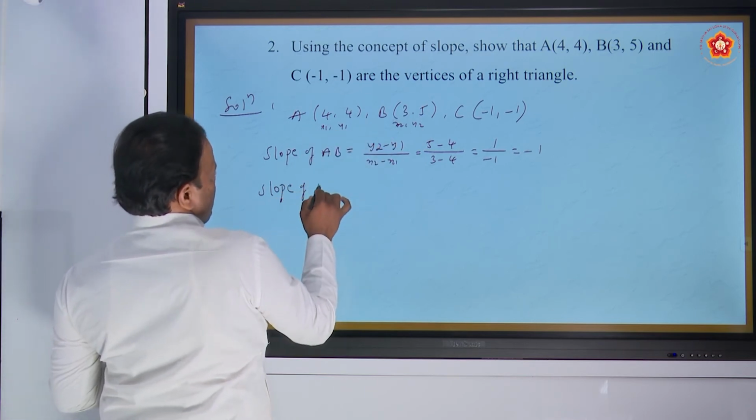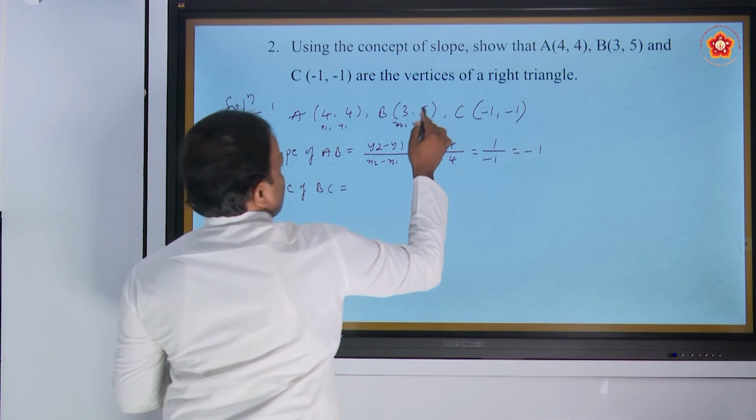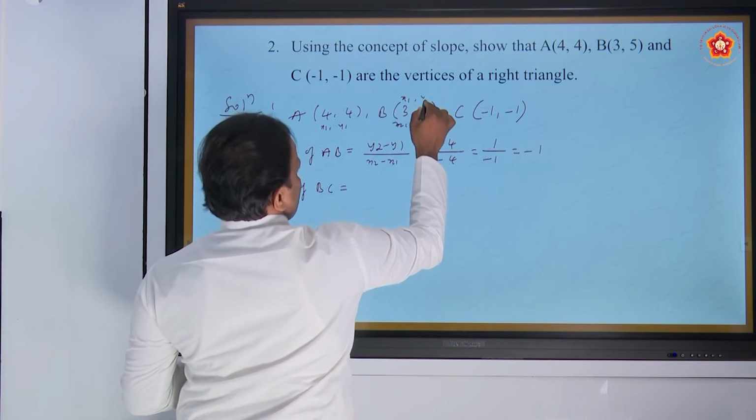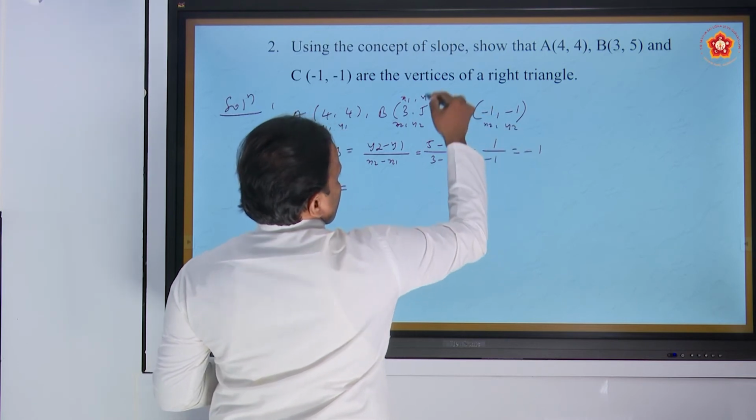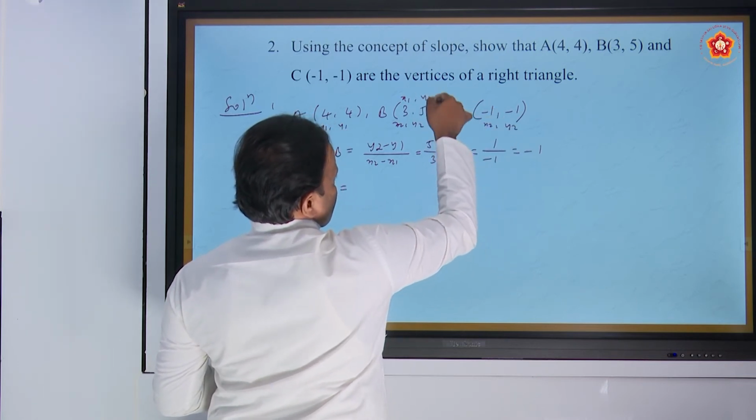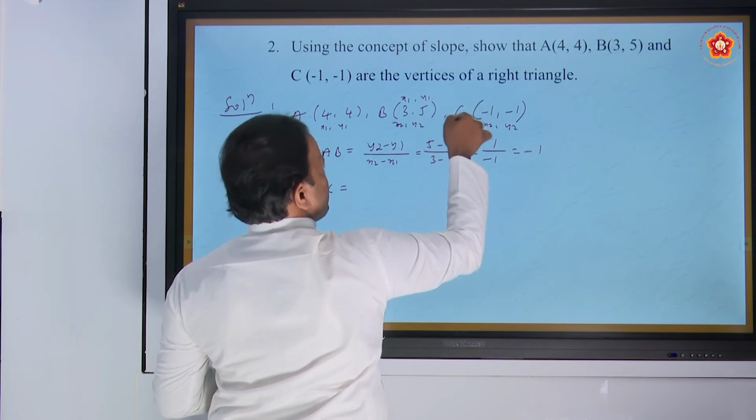BC? Slope of BC. So again name x1, y1 here for B and this is x2, y2 for C. For your convenience, you can rename them because we need BC.